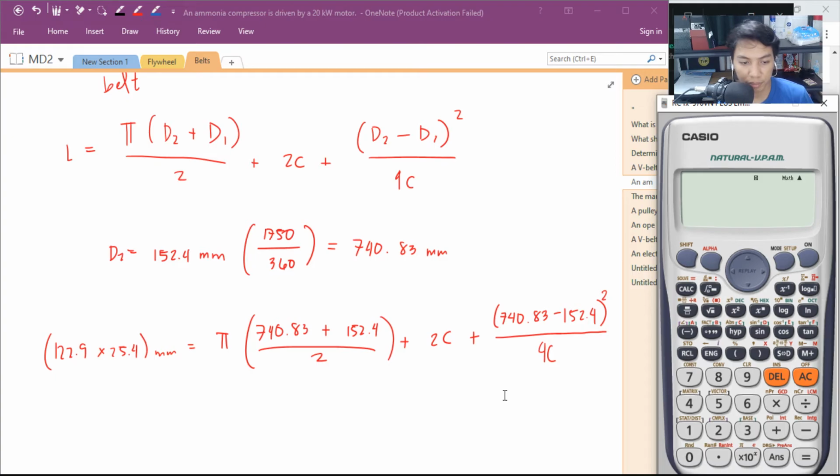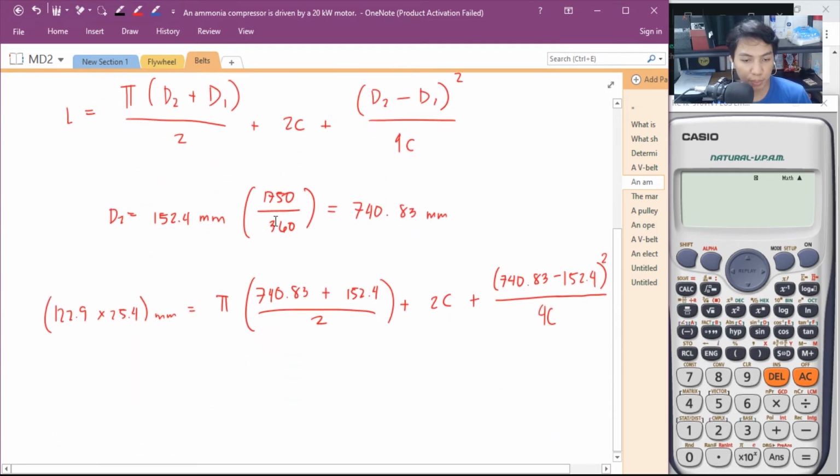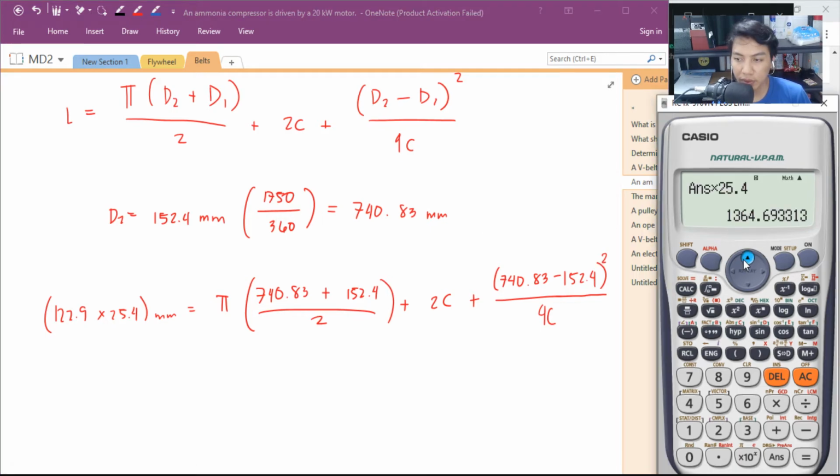Nagkakamali siya. Sinabi ba ditong cross belt? Hindi naman. Between the sheaves. Okay. Two C, 4C. Pag sinip solve ko siya sa calculator, wait lang ha, hanap ako ng calculator. Let me post this one.